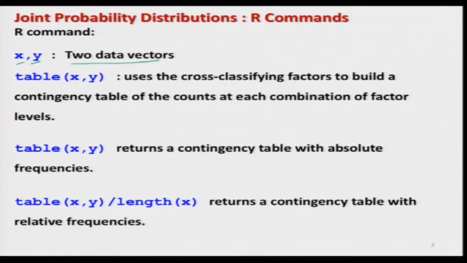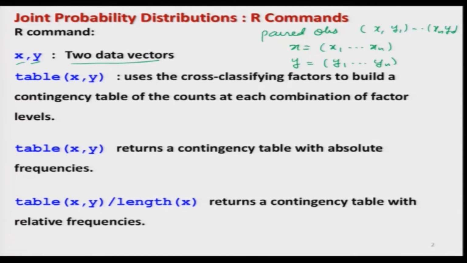Remember one thing, x and y will be paired observations, something like x1, y1 up to xn, yn. We have collected all the observations on x, x1, x2, up to xn, in one data vector, and all observations of y, y1, y2, up to yn, in another data vector, and we are calling them x and y.